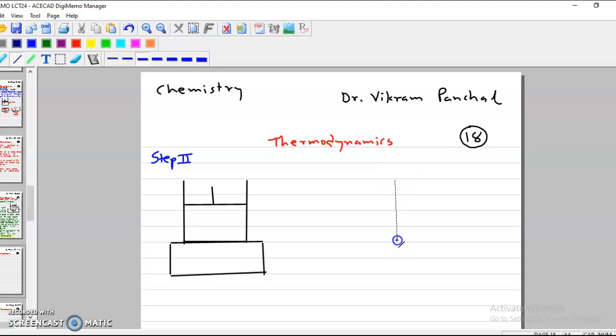Here also we will see what will happen. So here a gas was expanded and this is the initial volume V2.